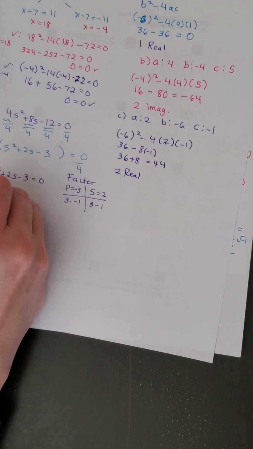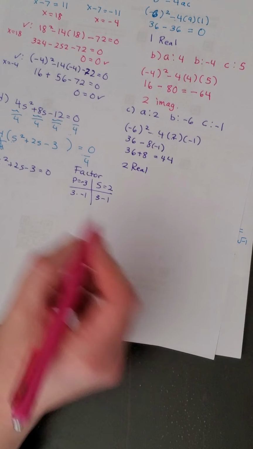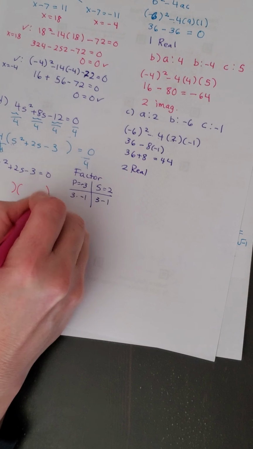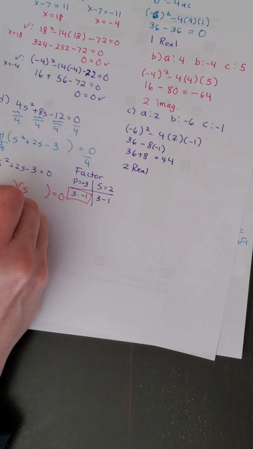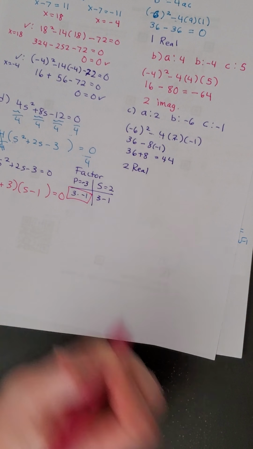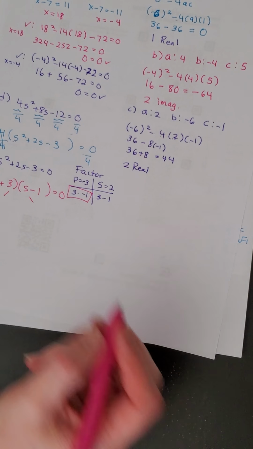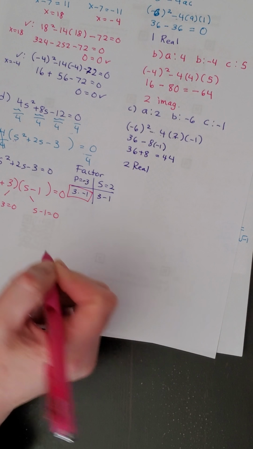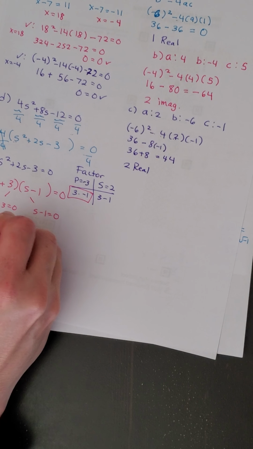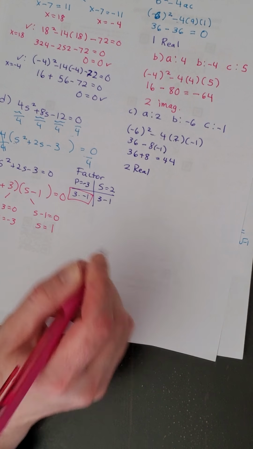If a was something else other than 1, I would have to factor by grouping, but I don't. So s times s, and then my two numbers are right here, plus 3 and minus 1. Set each one equal to 0, s plus 3 equals 0, s minus 1 equals 0, and so we get s equals negative 3 and s equals positive 1.